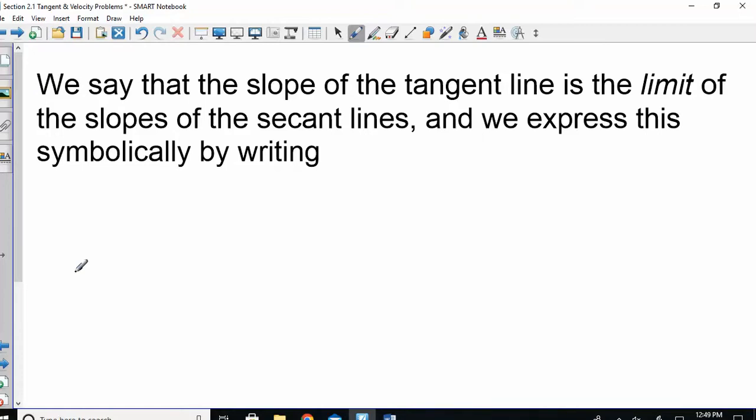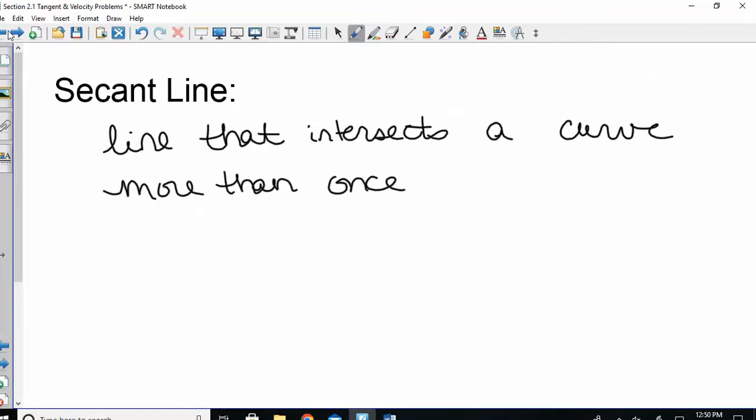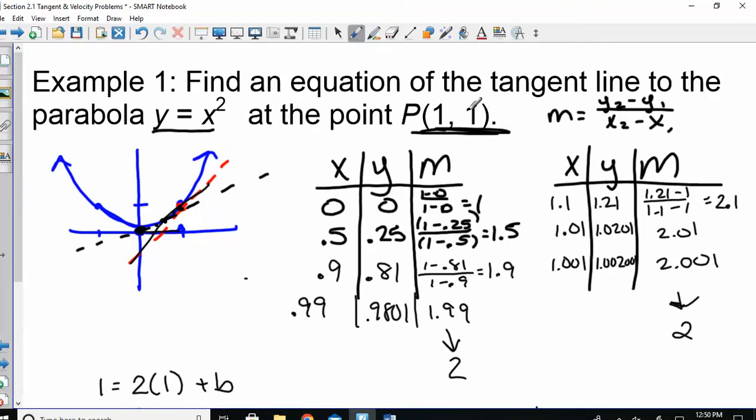What we're actually looking at here is the concept of a limit. The slope of the tangent line is the limit of the slopes of the secant lines. When we look at what value that's approaching, that's the limit. It tells us what's happening as we get closer and closer to it, and we have to look from both directions. The way that we might see this written, we do LIM for limit, then underneath that, x approaches 1, of these slopes.